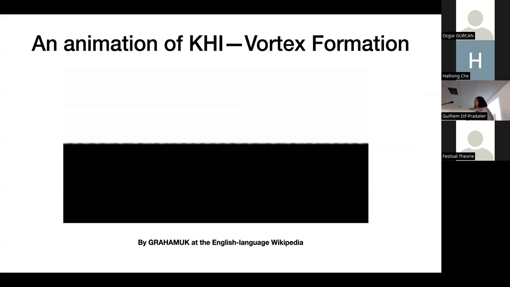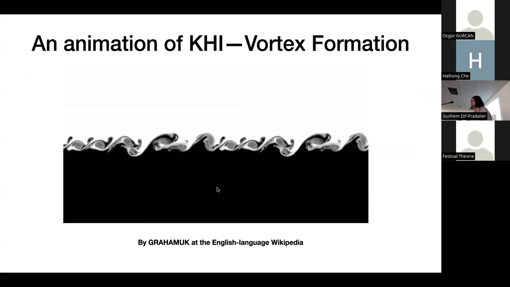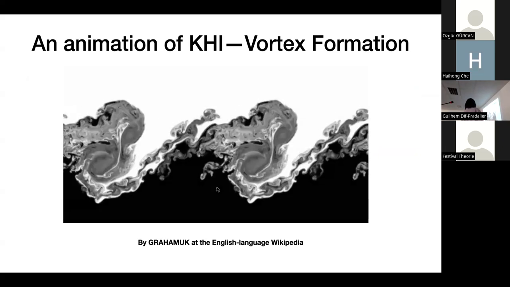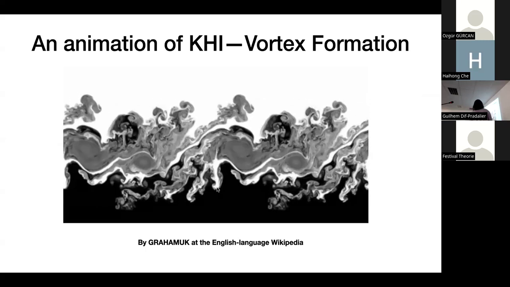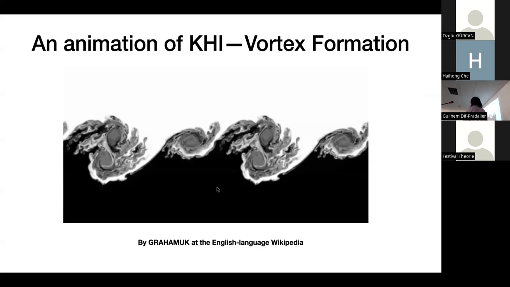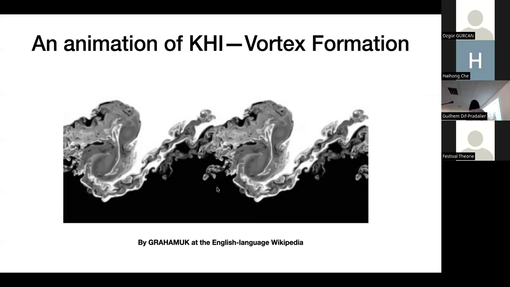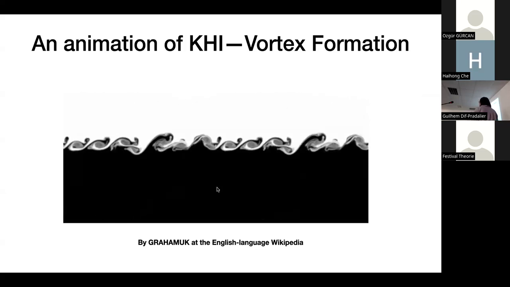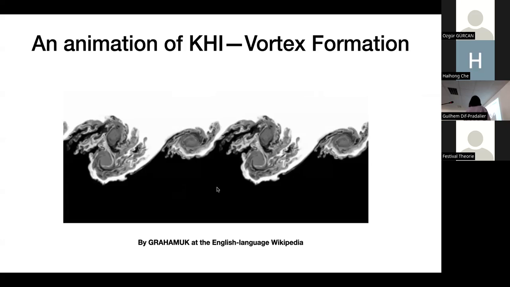Here is an animation of the Kelvin-Helmholtz instability. One of its characteristics is the vortex formation. This is perhaps why the Kelvin-Helmholtz instability has attracted a lot of attention in the study of turbulence.